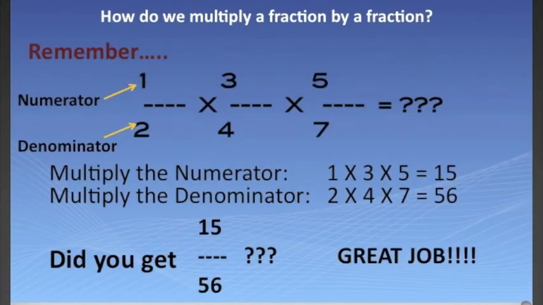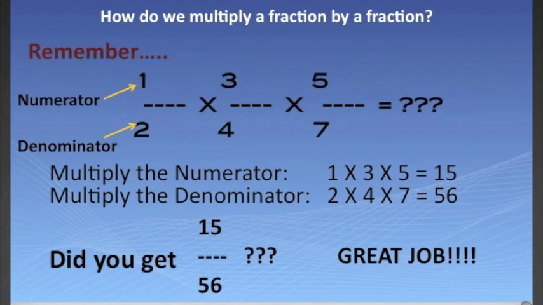All right, we're finally to that part of the problem where we actually multiply numbers together. Remember, multiplying fractions happens in 2 parts, across the numerator and across the denominator. In order to multiply the numerators together in this problem, we get 1 times 3 times 5, which gives us 15 for our answer's numerator.